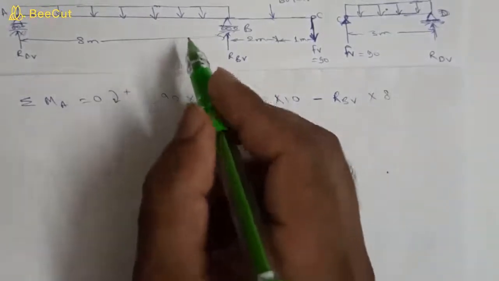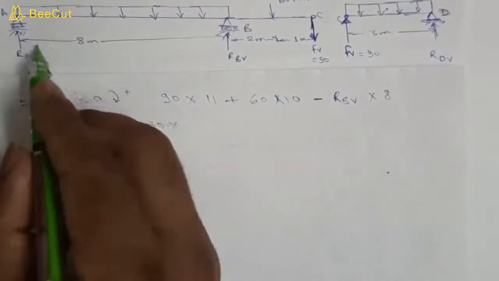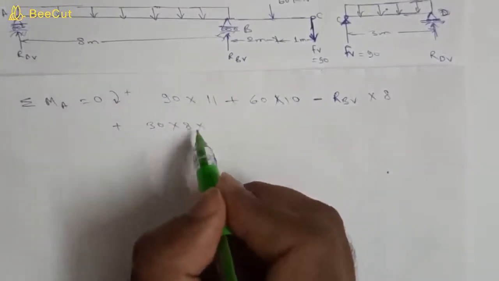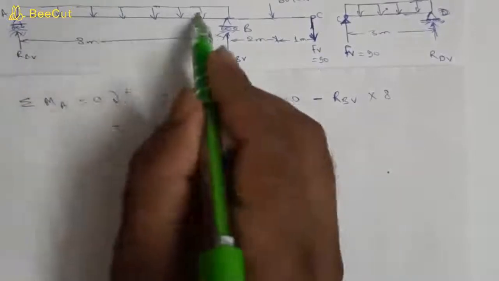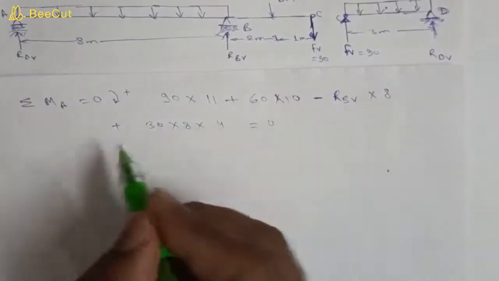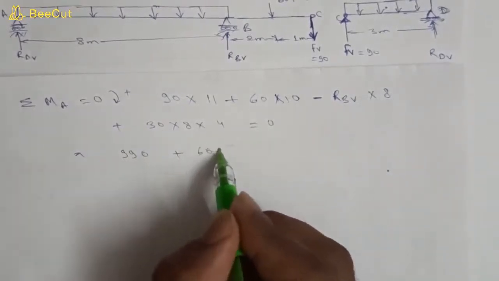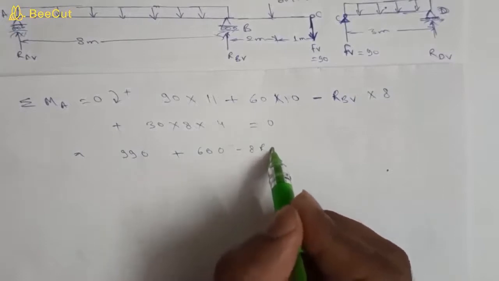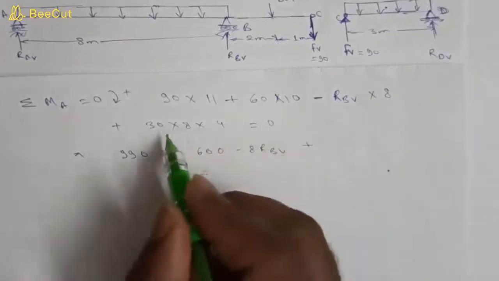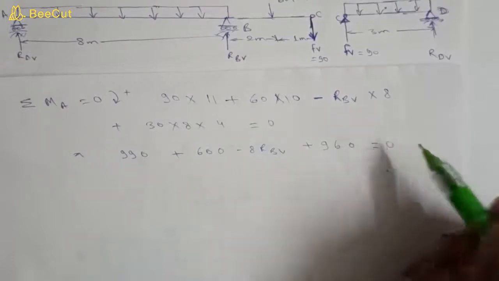plus, due to this 30 kN per meter, 30 into the total length of 8 meter, into the centroid, which will be at 4 meter, half of this distance, 8 by 2, will become 0. So 990 plus 600 minus 8 Rbv plus 960 will become 0.